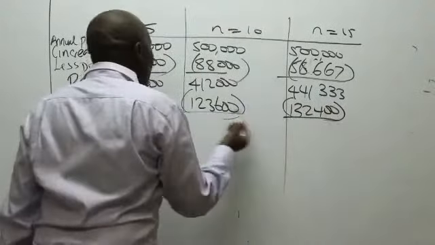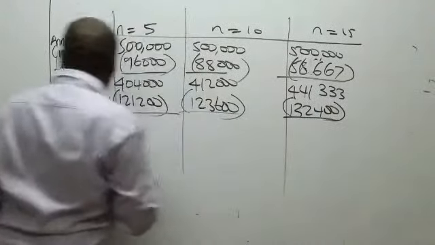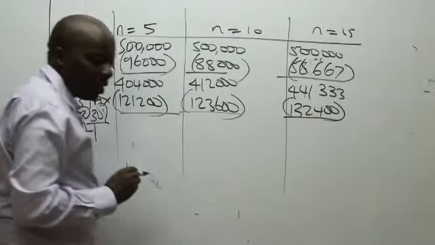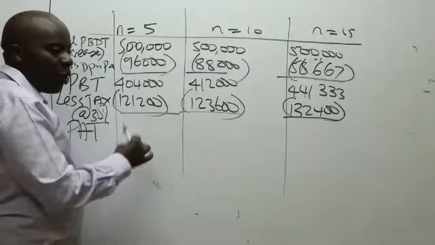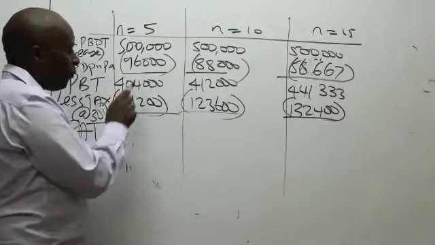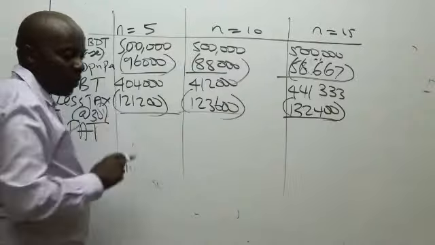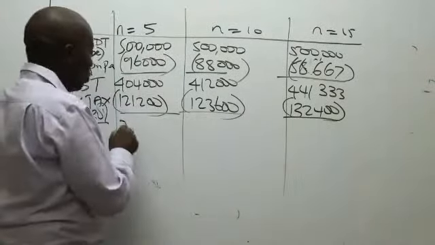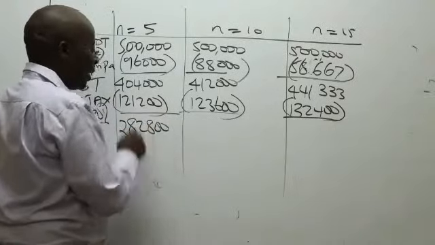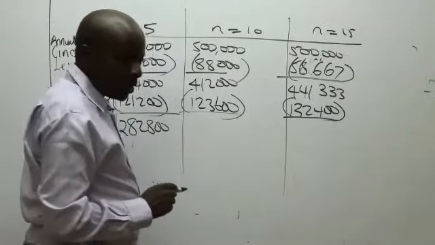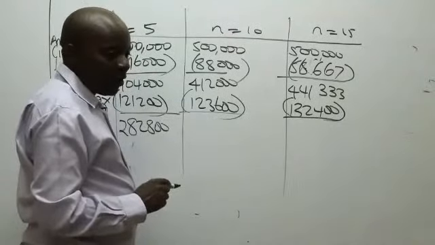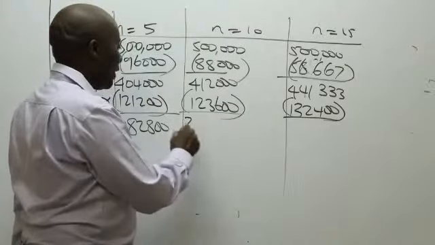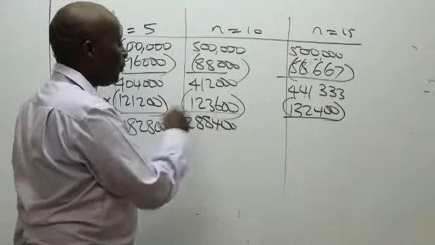So please, could you kindly come here and give us the profit now after taxation. So 404 minus this, what figure are we getting? Betty tells me 282,800. How about 288,400?